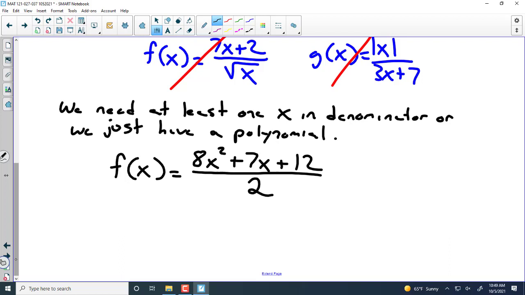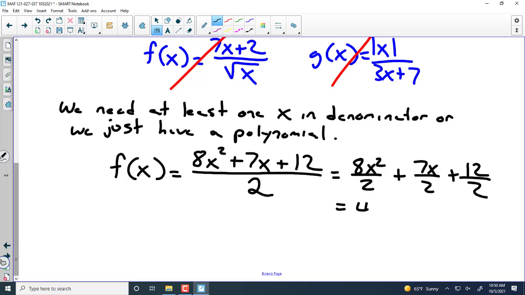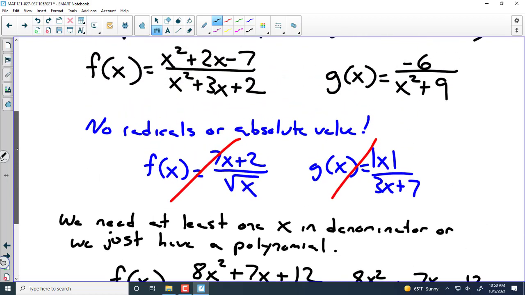If we have something like that, that's not really a rational function in the sense that we're going to be working with, because this is technically more of a polynomial, because you could write it like this. So that's why I say we need to have at least one x in the denominator if we're going to call these things rational functions. Otherwise, they're really just a complicated looking polynomial. But please remember, and I know it's already a lot of information, you are allowed just to have a number on top, but we won't have just a number on the bottom.